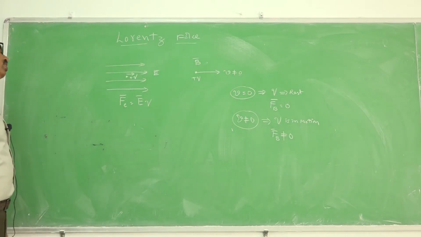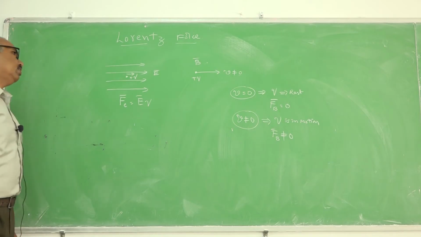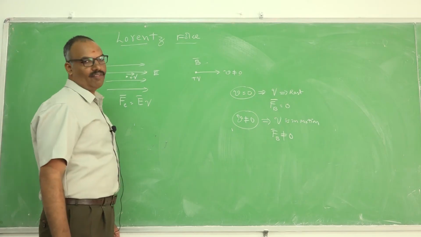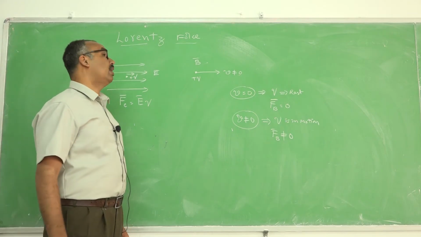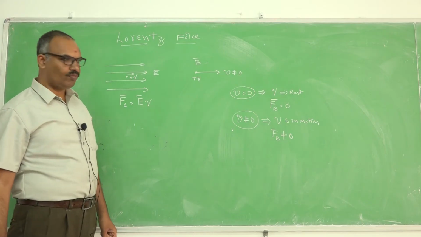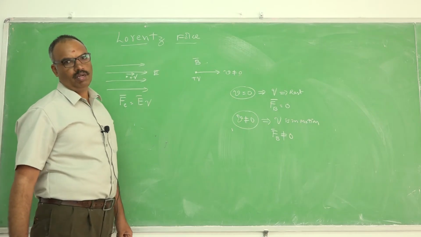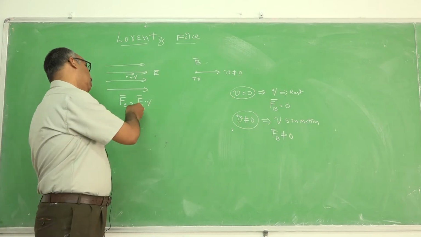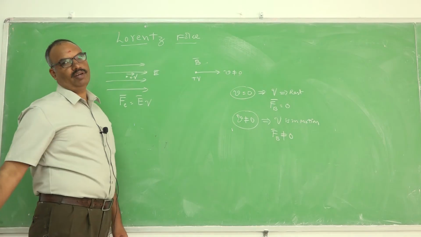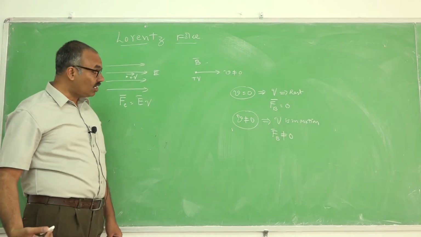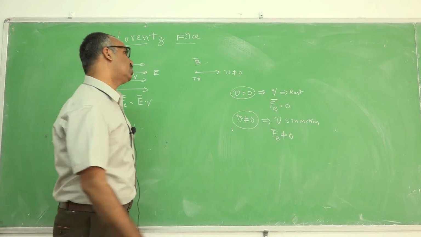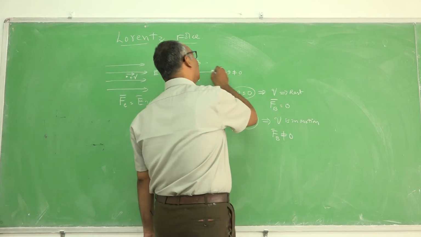If you keep a charged particle in an electric field as well as a magnetic field simultaneously, it experiences force due to the electric field, whether it is at rest or under motion. It experiences force due to the magnetic field only when it is under motion.